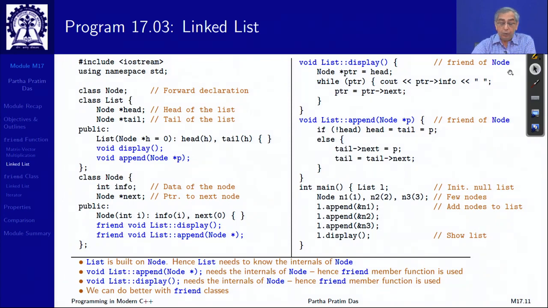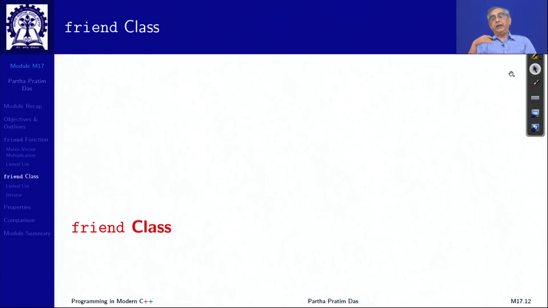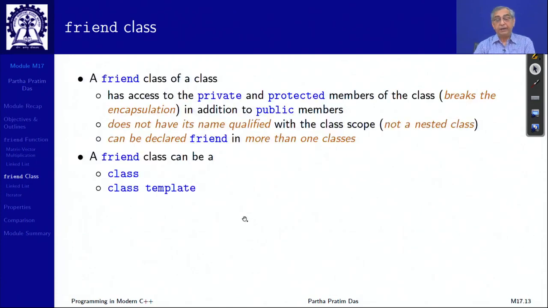Now, as you can see, here we had two member functions which had to be friends of another class. In several situations there may be many member functions of a class which need to be friends of another class. In that case we have an added feature by which we can make a class as a whole a friend of another class.